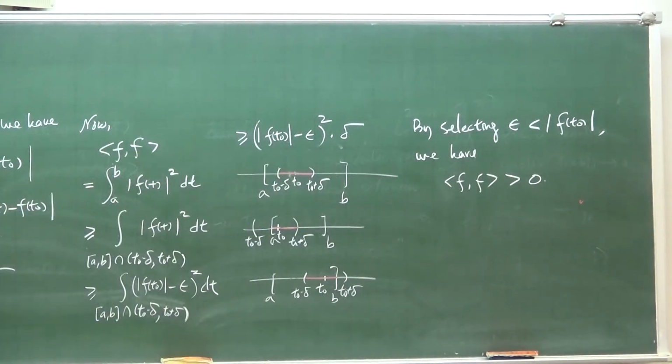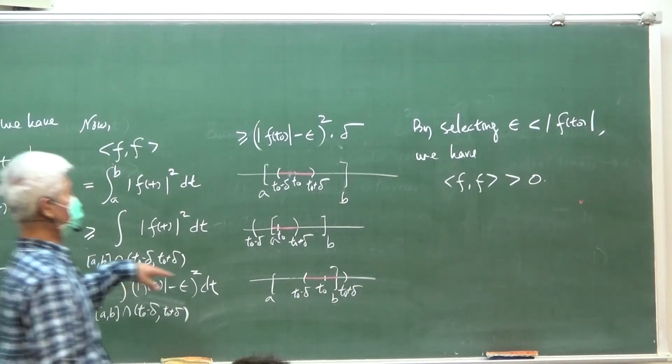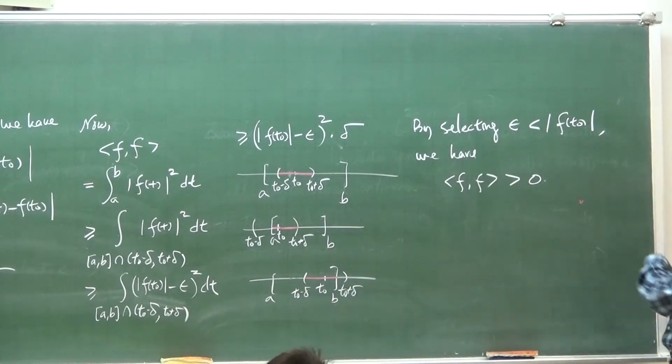okay, so starting from when f is equal to the zero function, we know this inner product is 0. Now, for f not equal to 0, we prove that this inner product is positive.